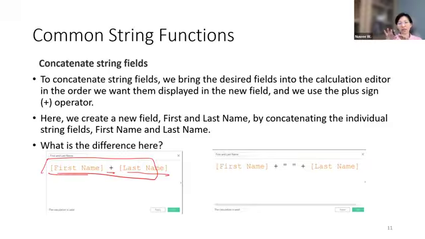There will not be a space in between first name and last name. So in this case, you need to specify a space like this. For example, Tony Stark: if you don't specify the space, you get Tony and Stark stuck together. And this is the correct way to do it.